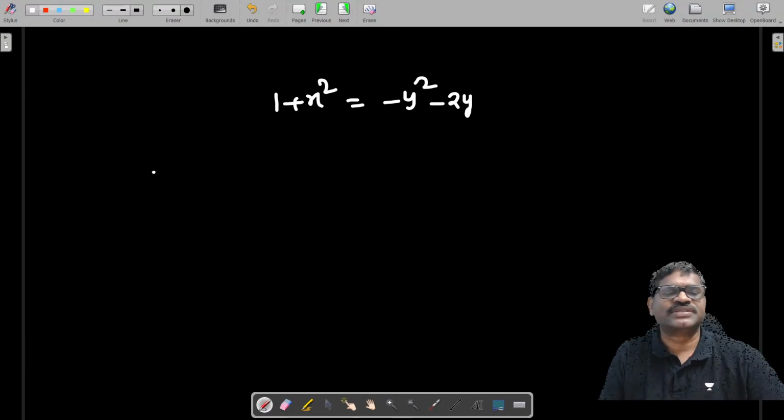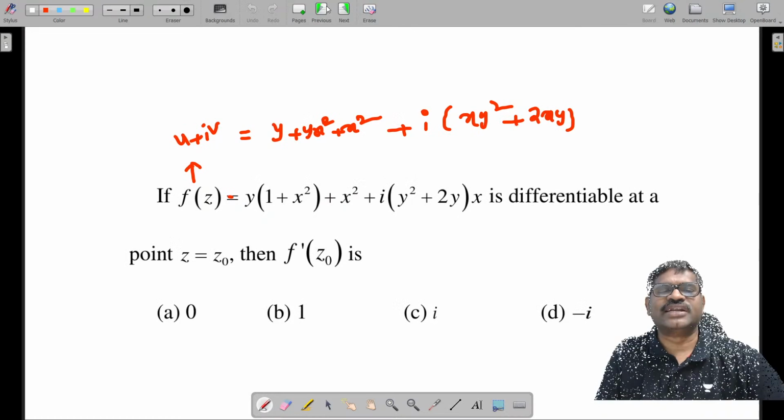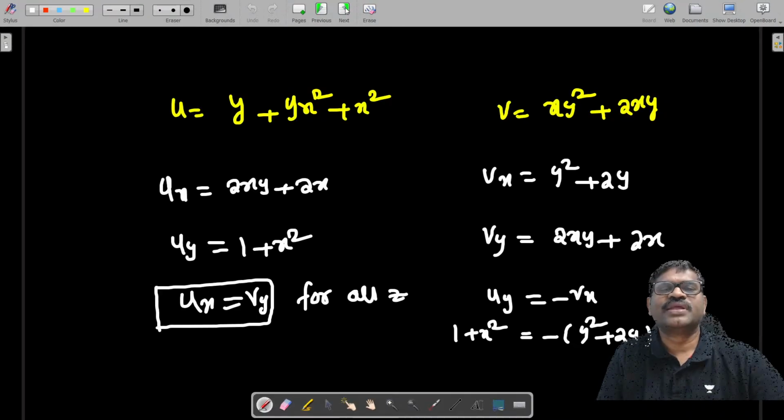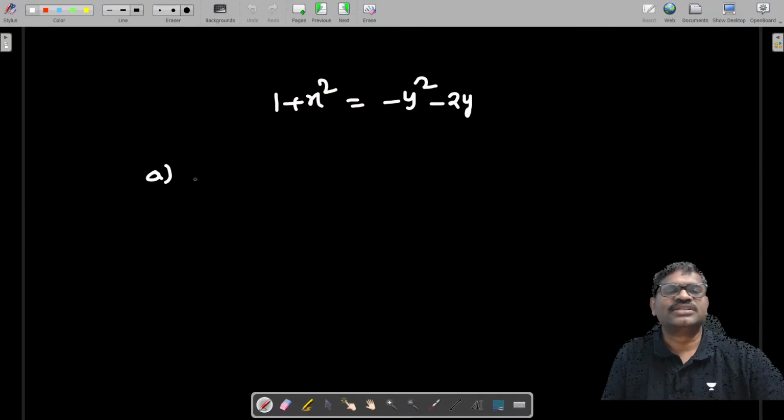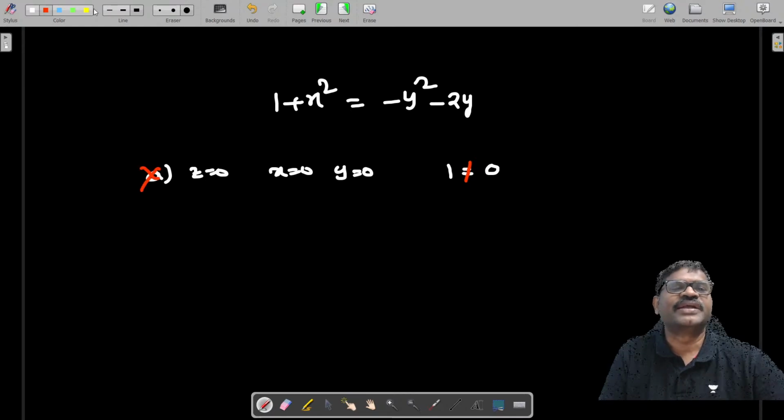Use the options. In the first option, what is z? z value 0. Okay? First option, z equal to 0, means x equal to 0, y equal to 0. In the above equation, LHS is 1, RHS is 0. 1 not equal to 0. That's why option A is eliminated.